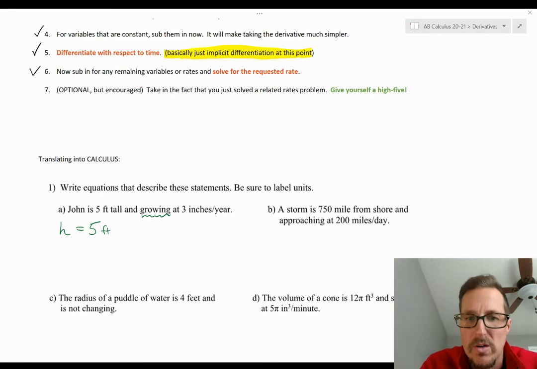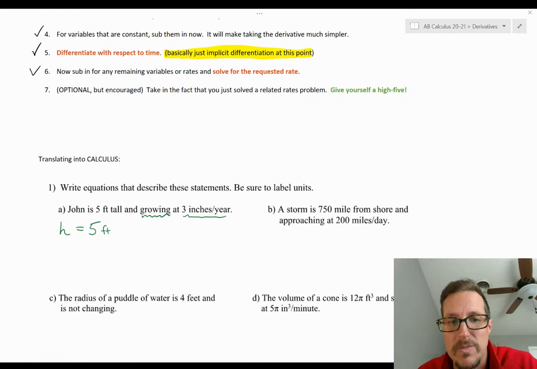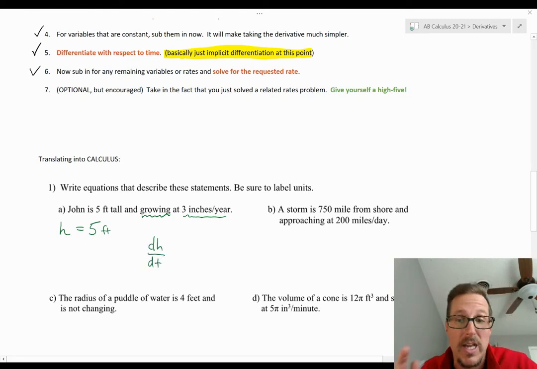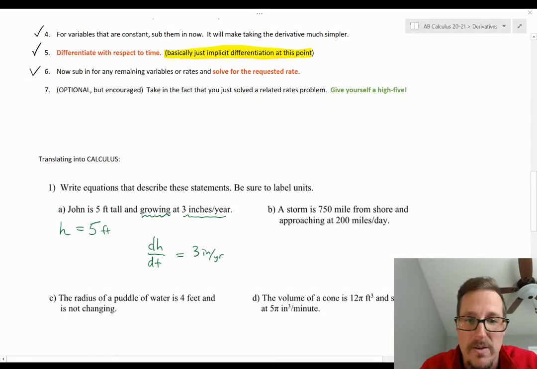So growing at 3 inches a year. What is growing? His height is growing. So the rate of change of his height with respect to time would be dh/dt. The change in height with respect to time is 3 inches per year.